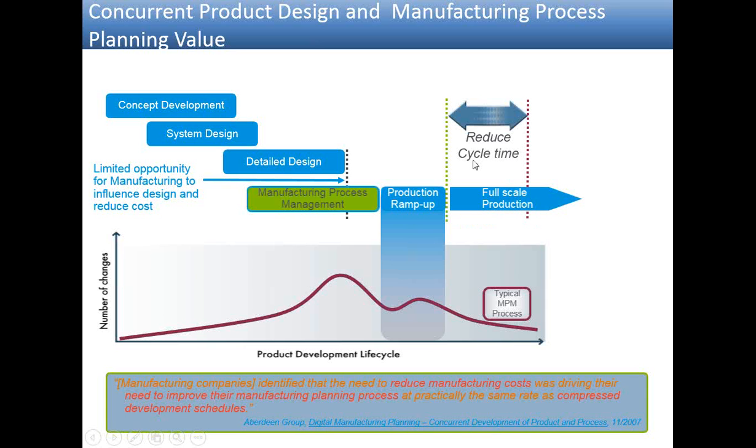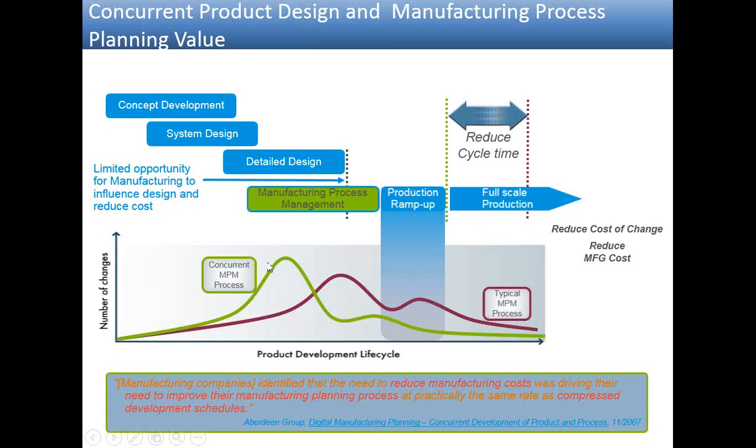So there will be a big reduction in cycle time, and this is the concurrent product design process wherein changes can happen in the design before the parts are released to manufacturing. It reduces the cost of the changes and reduces the manufacturing cost.